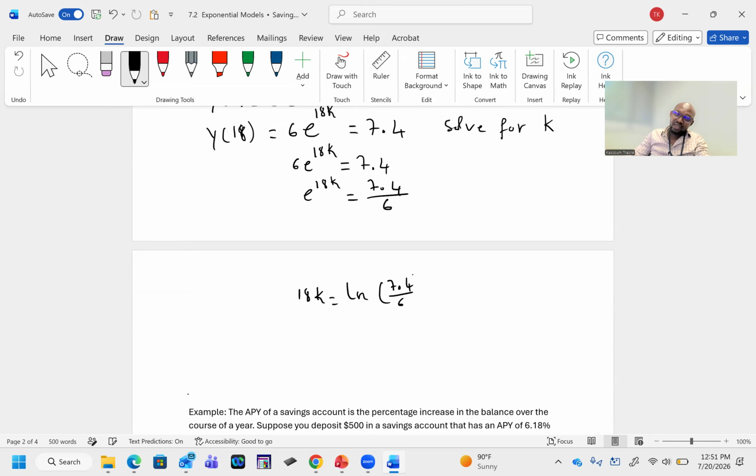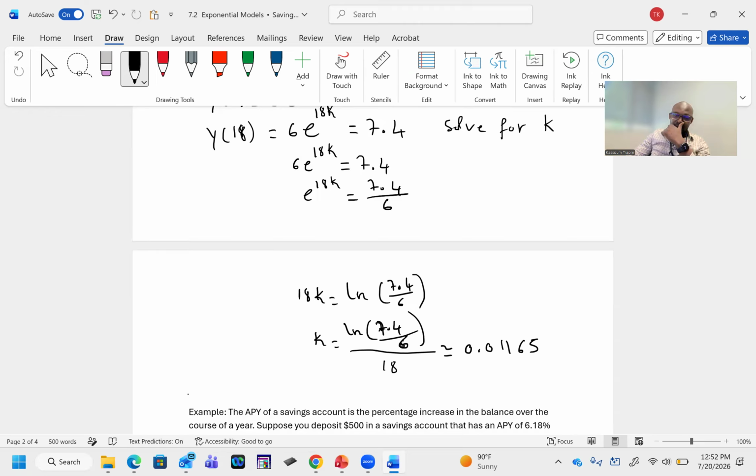We are solving for k, so k would be ln of 7.4 divided by 6, everything divided by 18, which would be, use your calculator, which will be 0.01165.